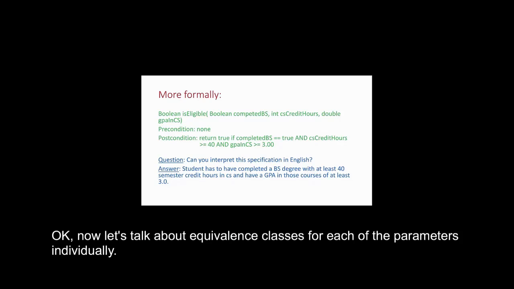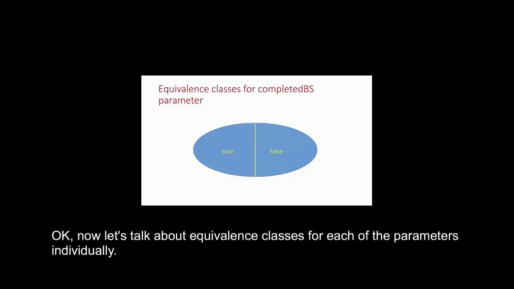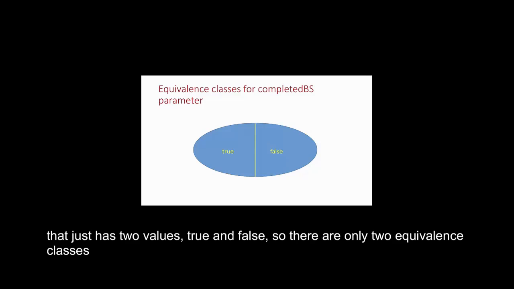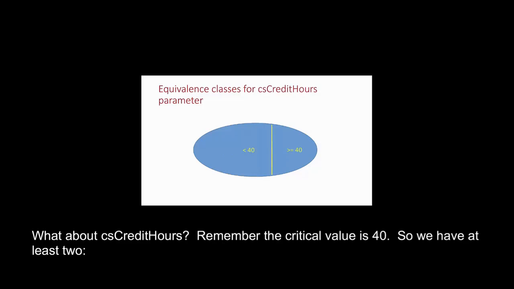Okay, now let's talk about equivalence classes for each of the parameters individually. Obviously, for the first parameter, completedBS, completed Bachelor of Science degree, that just has two values, true and false, so there are only two equivalence classes. What about CS credit hours?